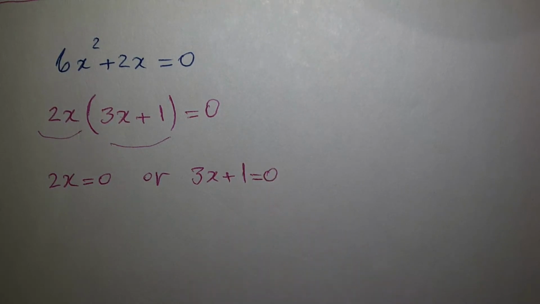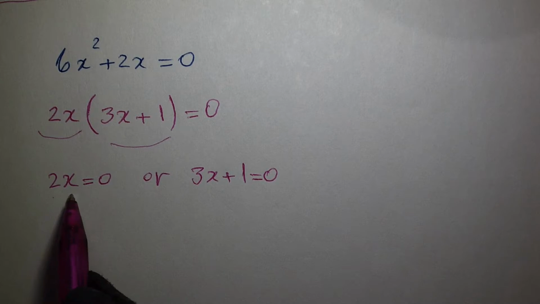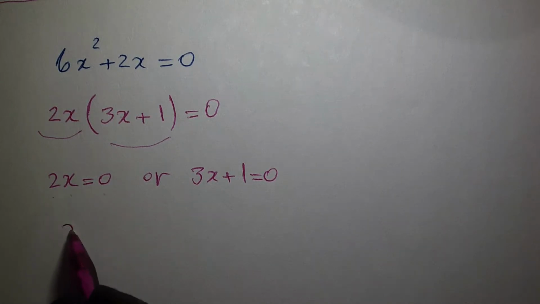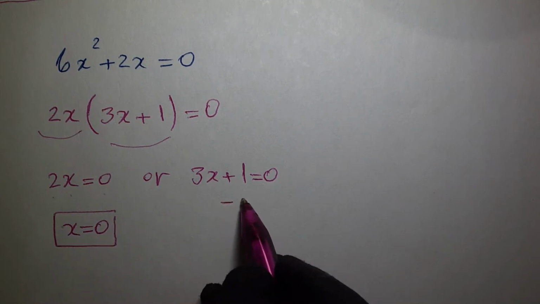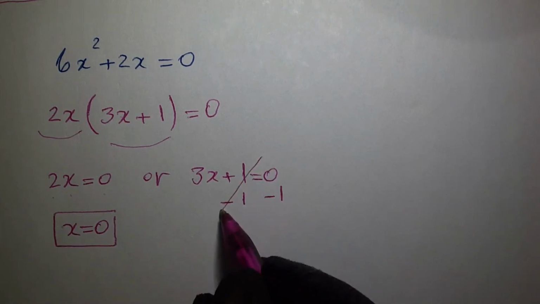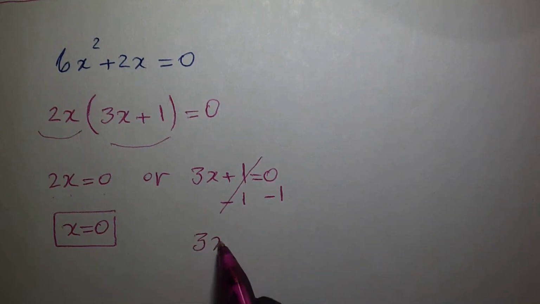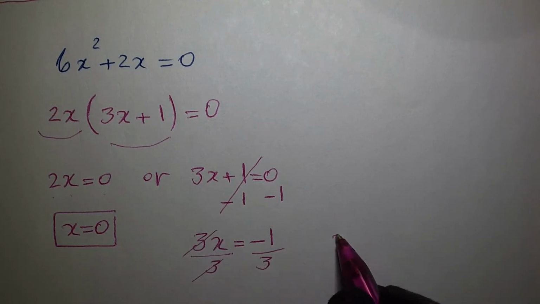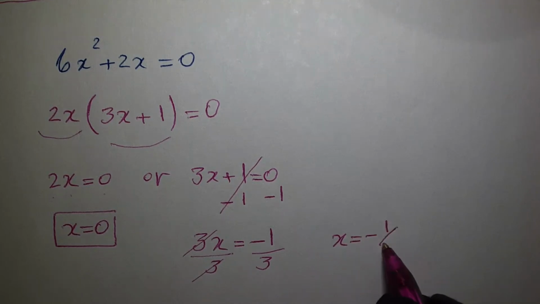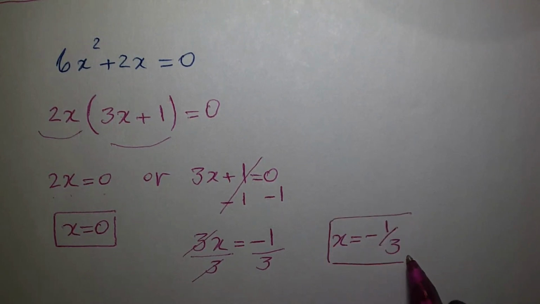Now we solve these two linear equations. 2 times x is 0. 2 cannot be 0, so x is 0. This is one solution. Solving this linear equation, subtract 1 from both sides. 3x equals -1. If I divide both sides by 3, x equals -1 over 3. So you see in this form, I have two solutions, 0 and -1 over 3.